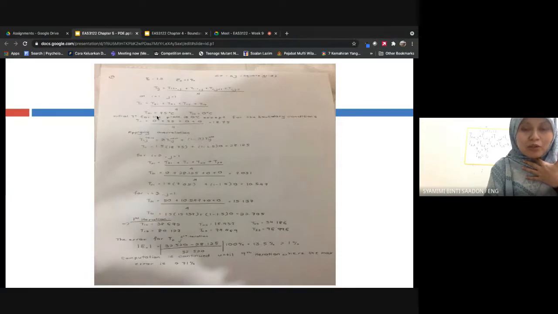What do we have? We have T01, just now 75 degrees, boundary condition, and T10 is 0 degrees Celsius. The boundary conditions are the same as just now. The initial temperature for the plate is 0 degrees Celsius except for the boundary conditions.